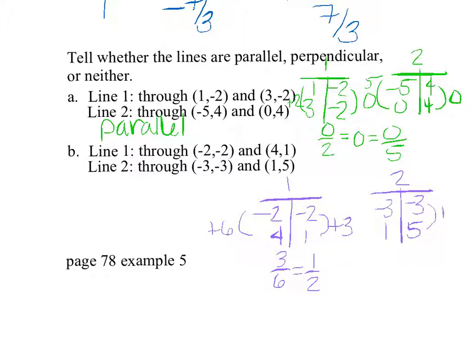From negative 3 to 5 I add 8. From negative 3 to 1 I add 4. So I get 8 over 4, which reduces to 2. So here I've got reciprocals, but I don't have a negative one. They're both positive. So these are going to be neither.